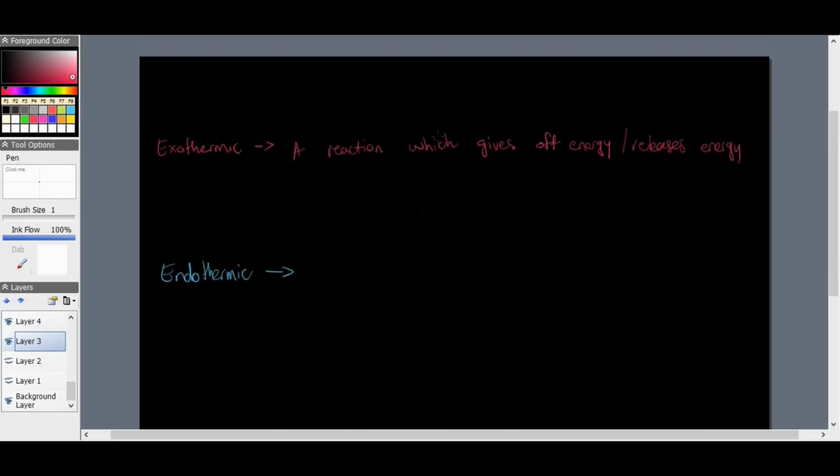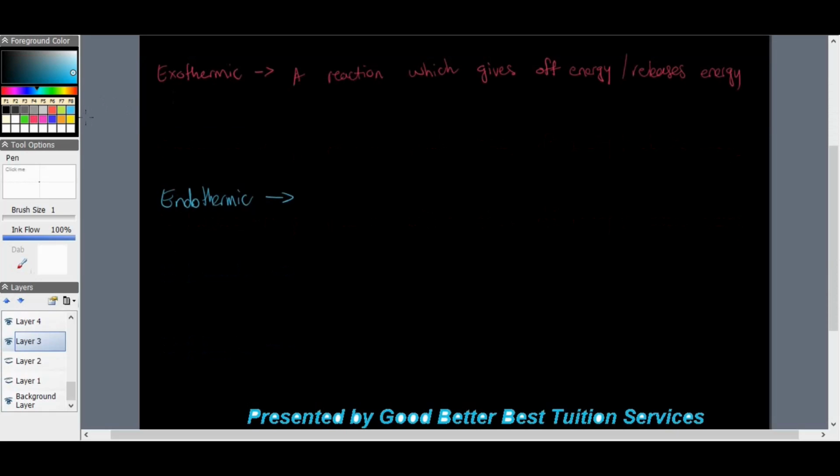And endothermic is a reaction in which energy is absorbed, or taken in. Recapping again from last week, these are your one-line definitions just to understand exactly what's going on.